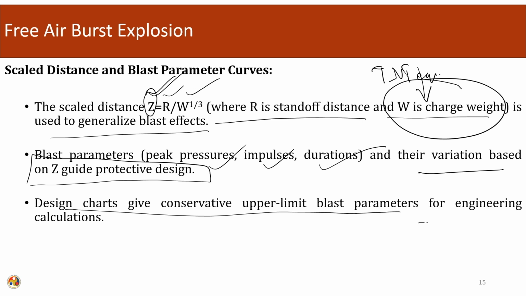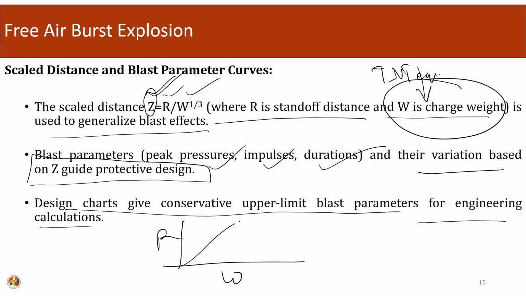Since we are using them for engineering design and calculations, we always tend to have a conservative upper limit effect, so that our structures are safe. So, depending upon W and R, different types of pressure curves, reflected pressure curve, overpressure curve, impulse curve, and time duration curve can be developed.